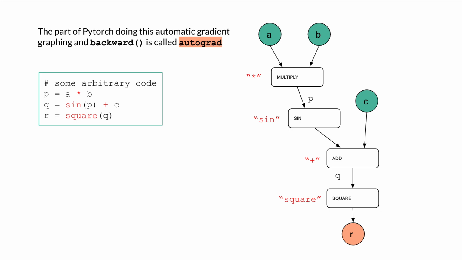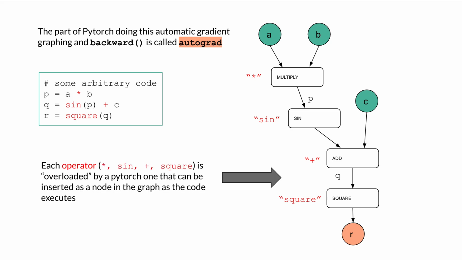Now, because we've used PyTorch, each of these operators in Python, like the multiply, the sine, and the square, imagine the square is a native function for a minute, are overloaded by an equivalent PyTorch operator or function that has the same mathematical capacity. It multiplies, or does the sine, or squares, or adds.